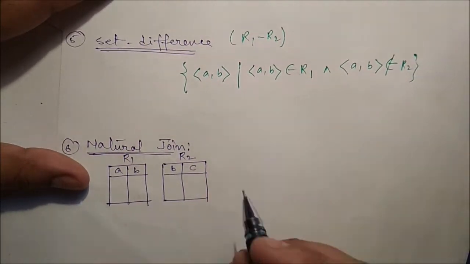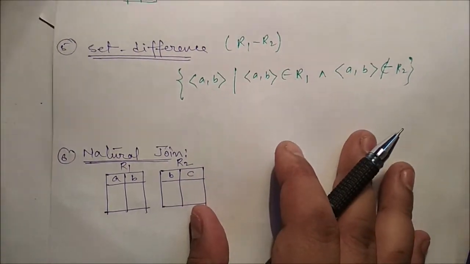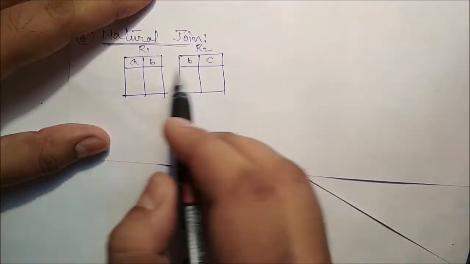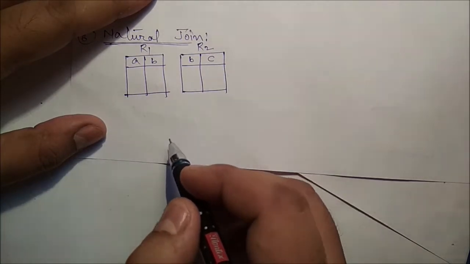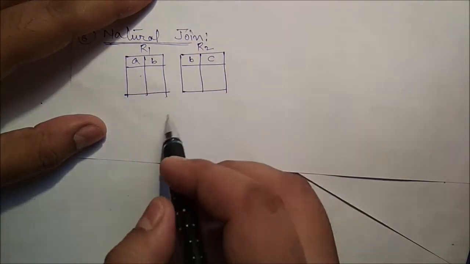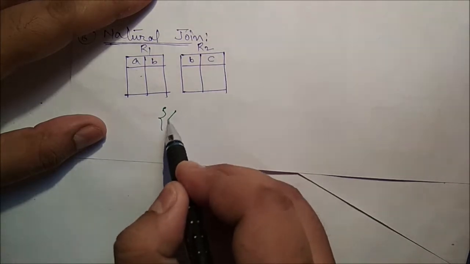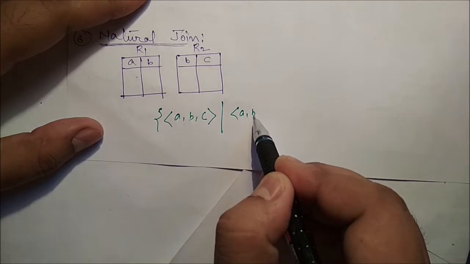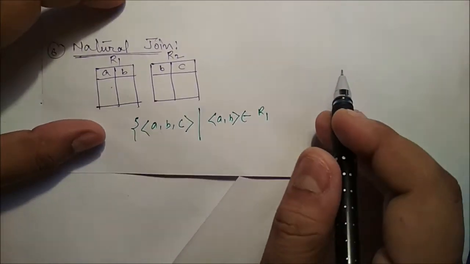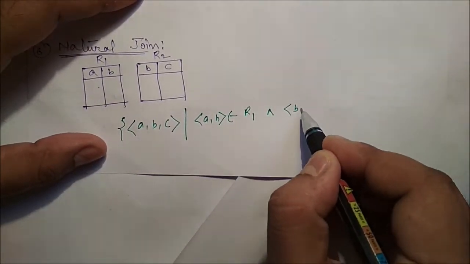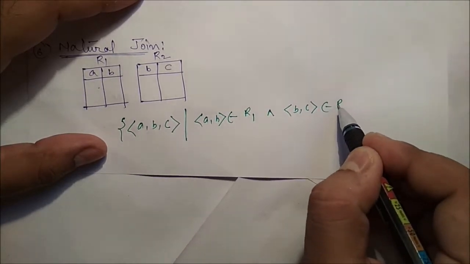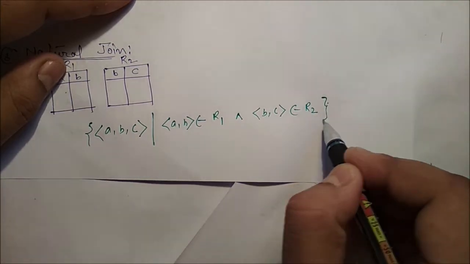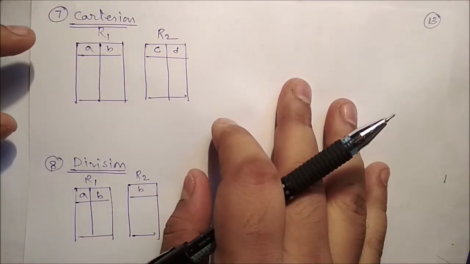Next, natural join. For natural join, say R1 has AB and R2 has BC. The condition is very simple: A B C where AB belongs to R1 and BC belongs to R2. Next is Cartesian product.